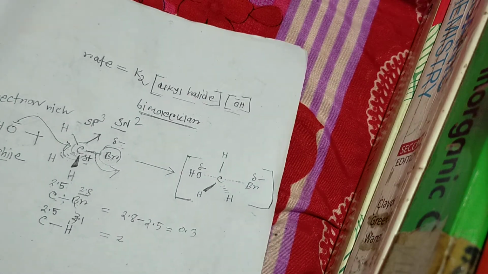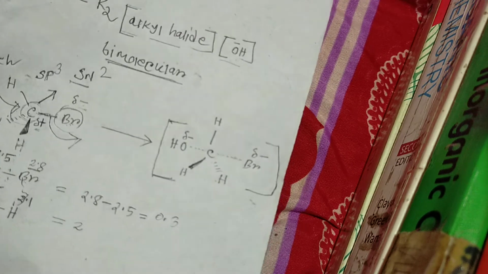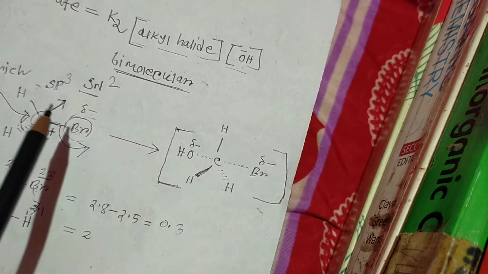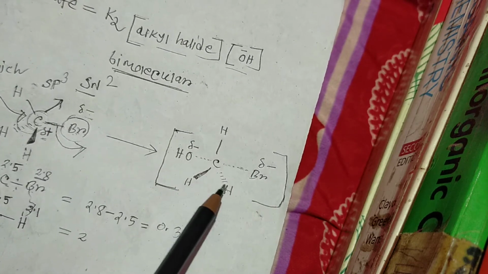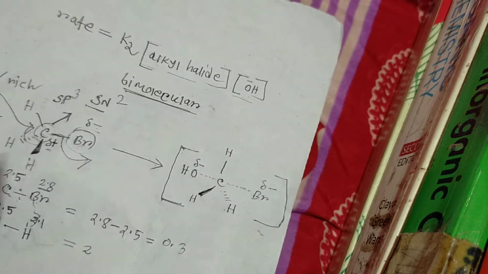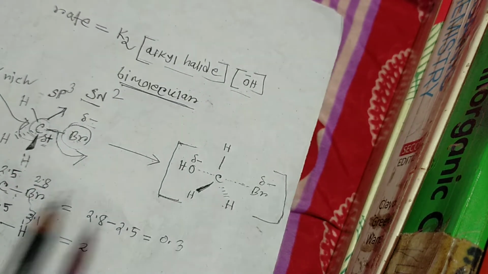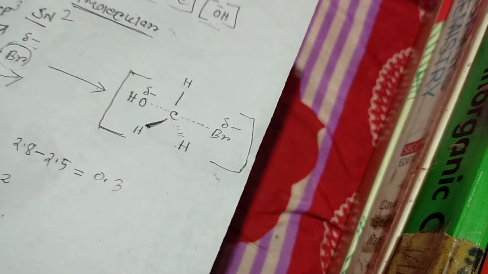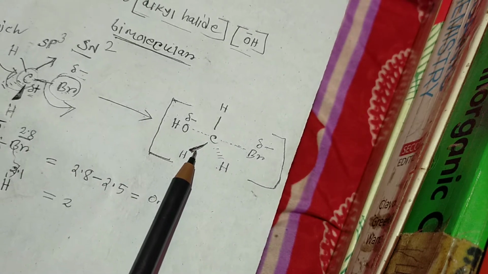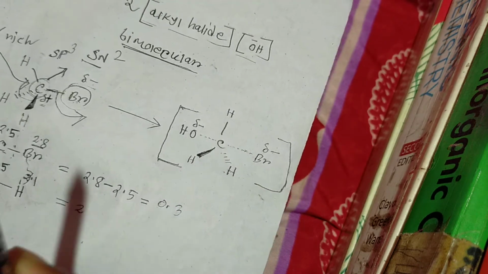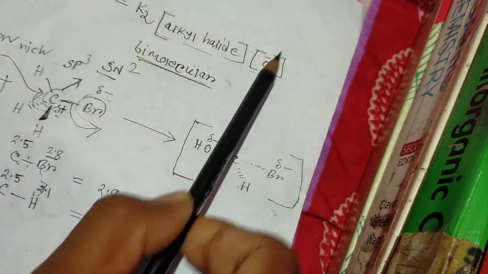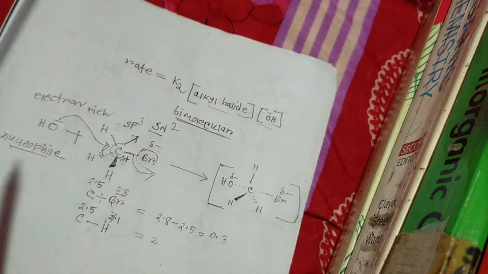The dash means the hydrogen atom is below this plane, and the wedge means the hydrogen is above the plane. You got it.